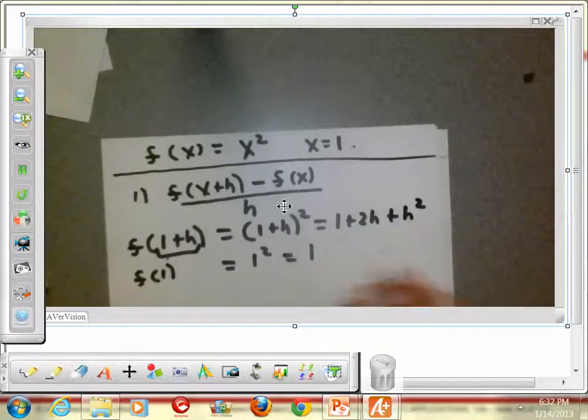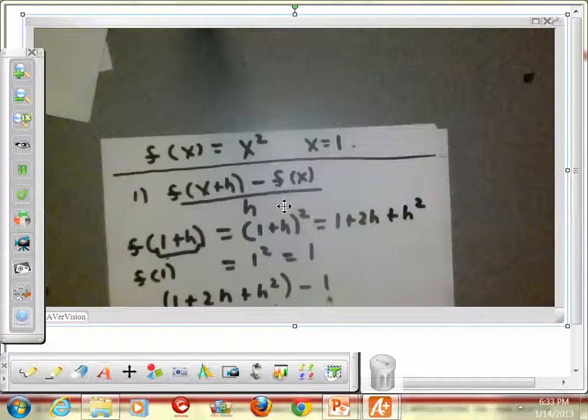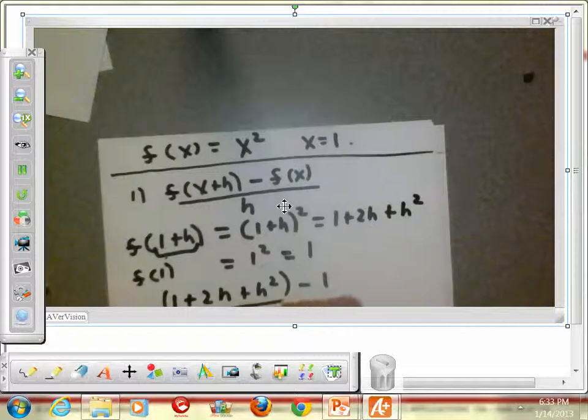F of x plus h is given by 1 plus 2h plus h squared, and I'm going to subtract 1 because that's my f of x. F of x plus h is this term over here, f of x is this term over here, and I divide the whole thing by h.